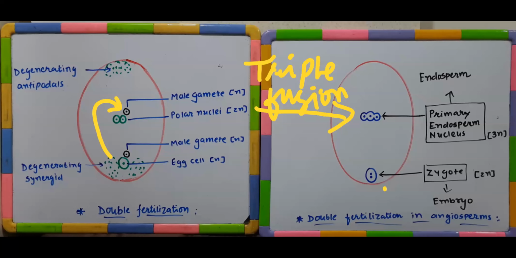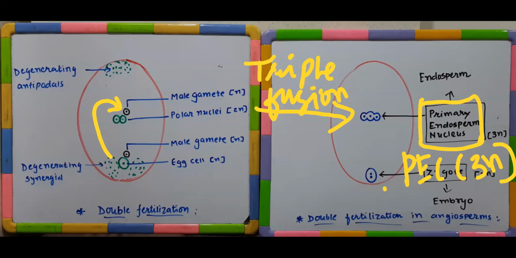The product is called the primary endosperm nucleus. The ploidy of this structure, the primary endosperm nucleus, is 3N. Reason: one haploid male gamete and two haploid polar nuclei.